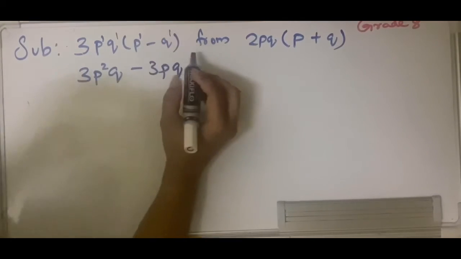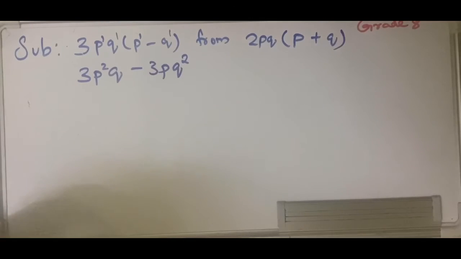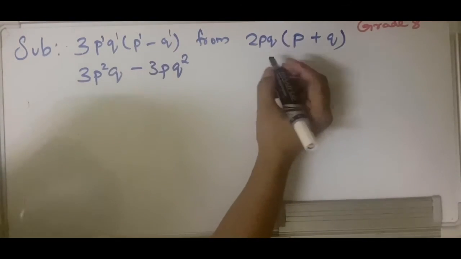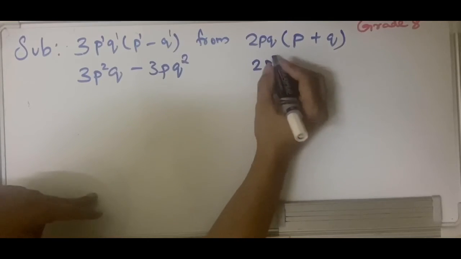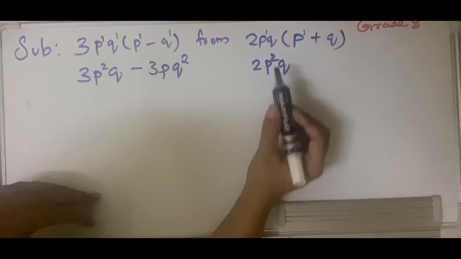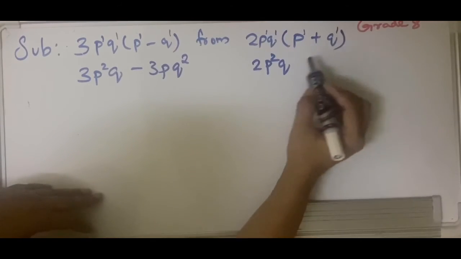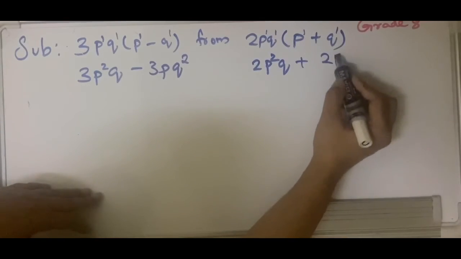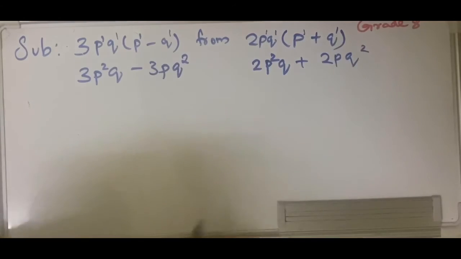So q raised to 1 multiplied by q raised to 1 would give me q square. And then this one, 2pq times p. So 2p square q, because p raised to 1, p raised to 1. Then I have q raised to 1, q raised to 1, which will give me 2pq square. Clear? So we have made them simpler.